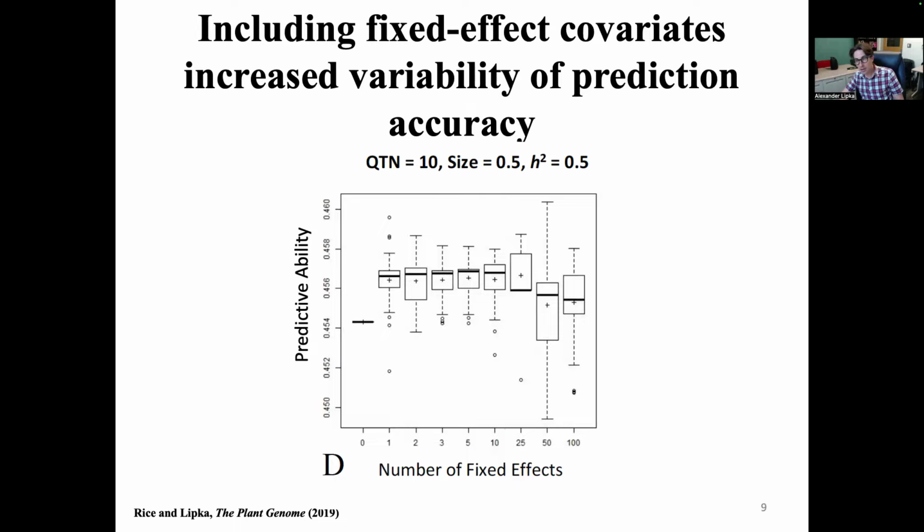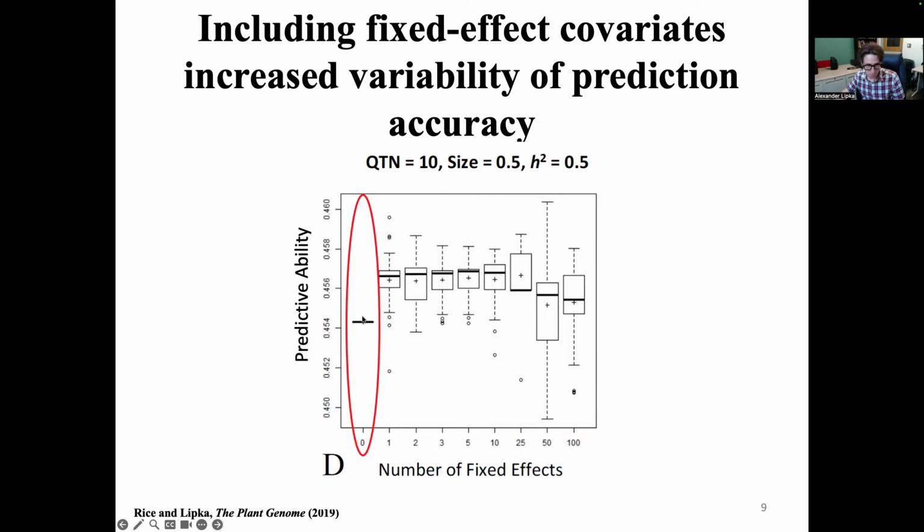And it gets even better. And by better, I mean worse. So here's one particular simulation scenario. We see a substantial increase in variability. So let's check this out. Our x-axis is the number of fixed effect covariates included in our model, like the number of GWAS signals, and then our y-axis is predictive ability. So here's an x-coordinate of 0.